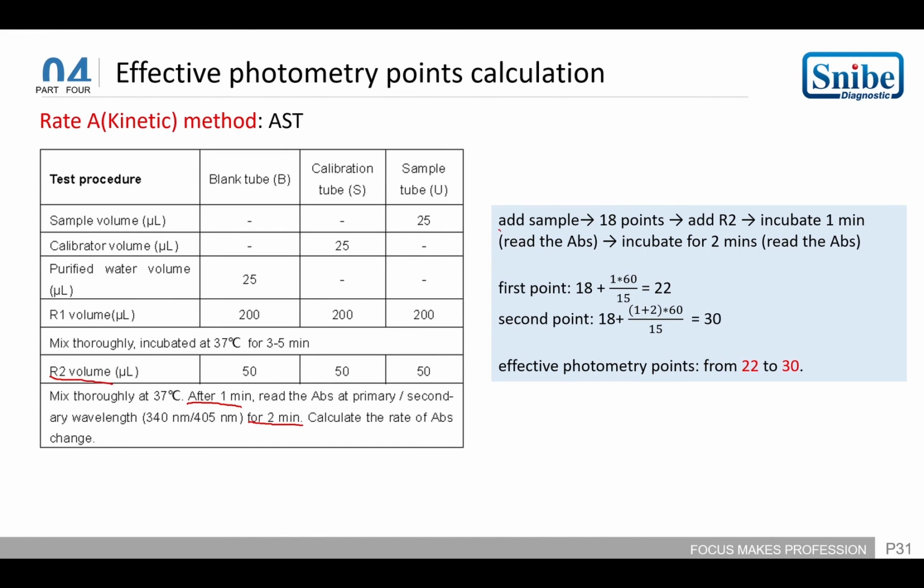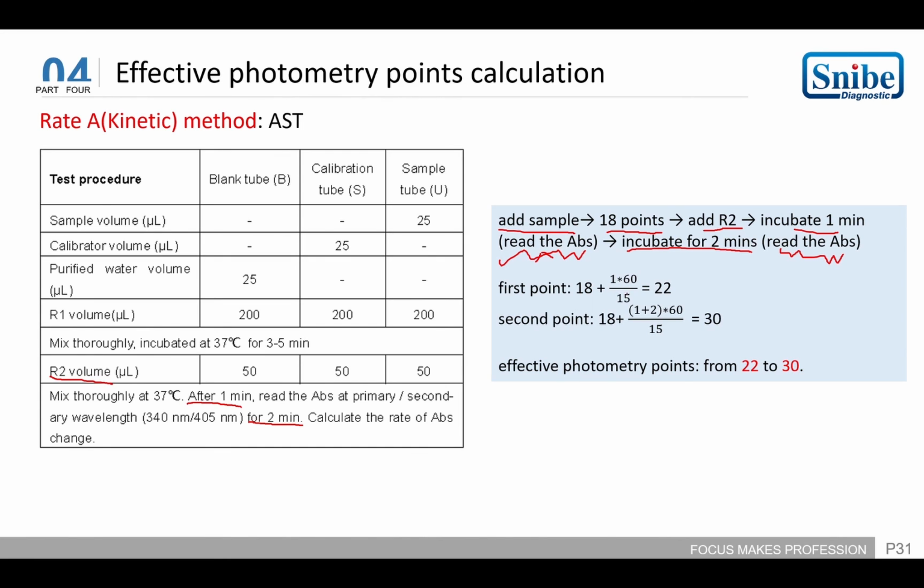Because in this procedure, after the sample we need to wait about 18 points. And then add reagent 2, incubate 1 minute, and incubate for 2 minutes. So they have 2 points, right? This is the procedure.